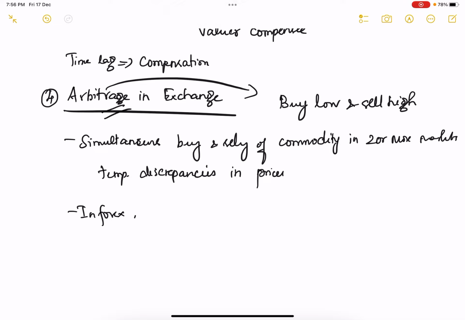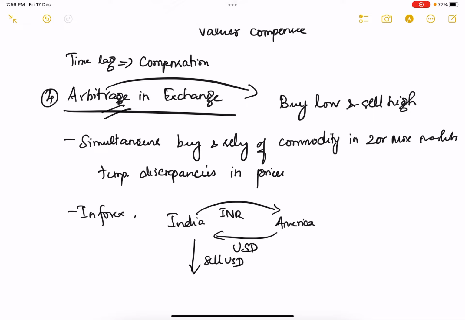Let me give you an example. So I give my INR to America and I obtain US dollars. So what I do is I sell these US dollars in a different market, that is the London market.